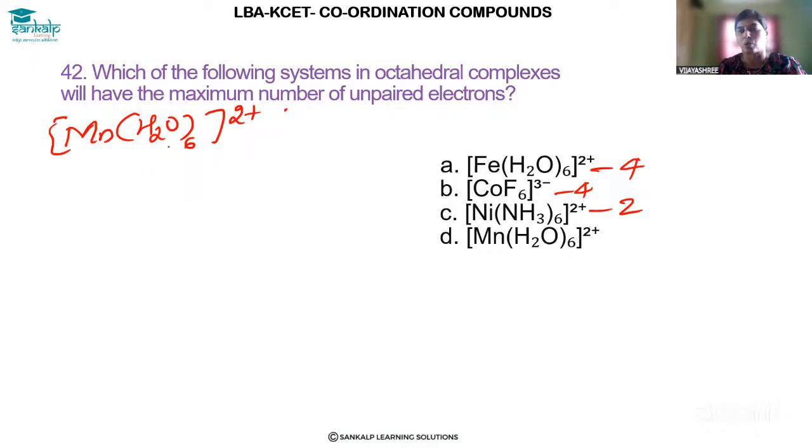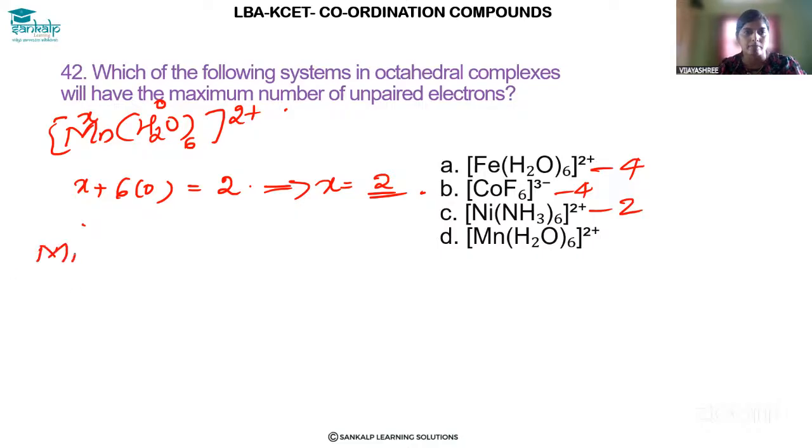Here ligand is water. It is a neutral ligand, so charge is 0. We have to calculate the oxidation state of Mn here. Let it be X. So X plus 6 times 0 is equal to +2, which implies X equal to 2. Oxidation state of Mn is +2.